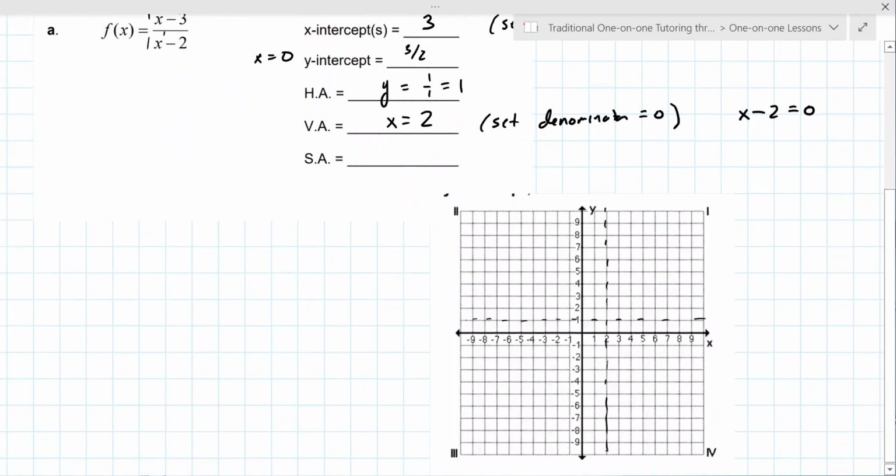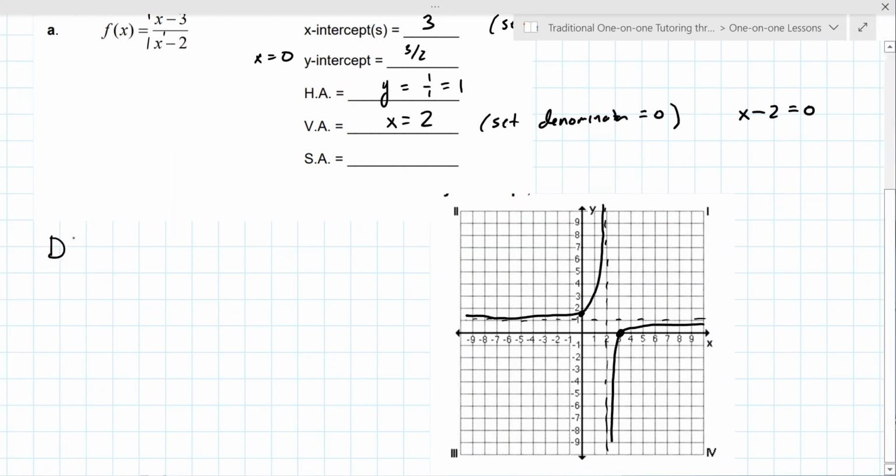Then we know there's an x-intercept at 3, a y-intercept at 3/2. You said you have a calculator available to you, so you would actually see this there. Do you need us to go through how to graph on a graphing calculator? No.